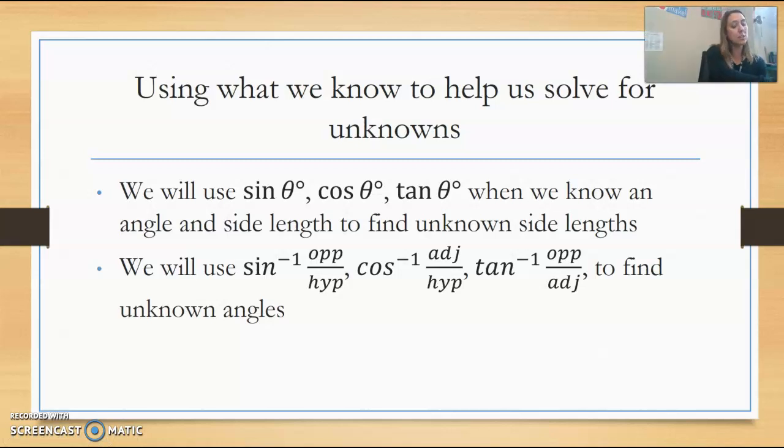So the first thing I need you to do is get your calculator out. I need you to go into mode. Go to mode, and you're going to go down 2 spaces right there where it says radians and degrees. Make sure degree is highlighted, so that you get it to where it's blinking, and you'll hit enter.